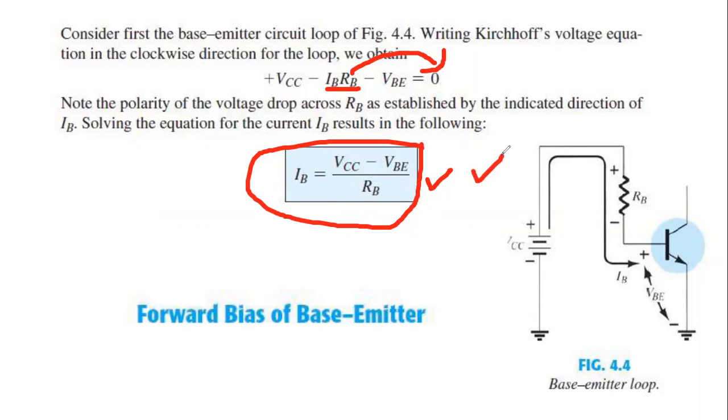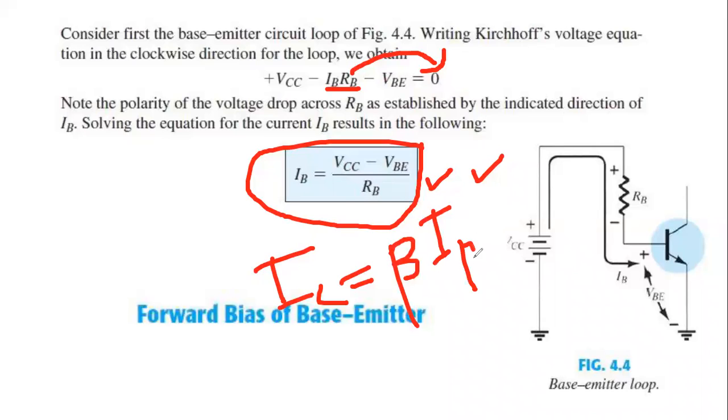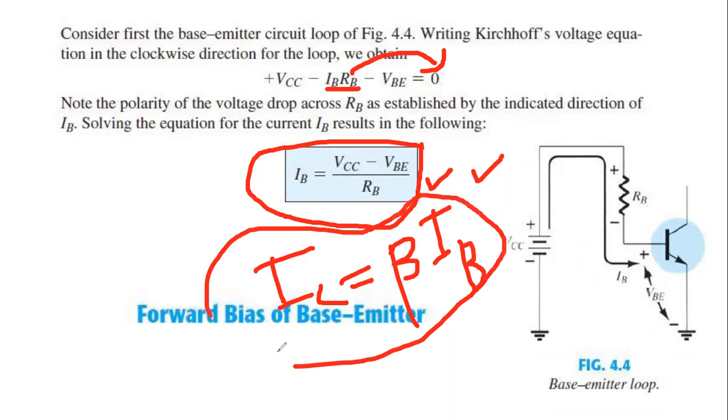If the beta value is given, we can also find out the value of IC, because beta into IB gives the value of IC. So those equations are very important, my students.